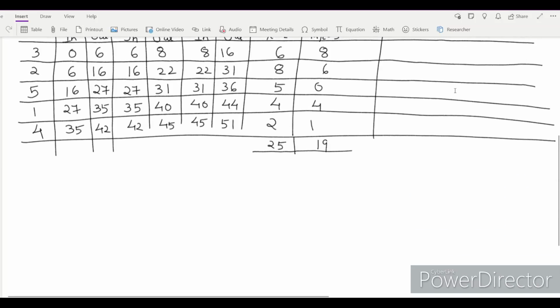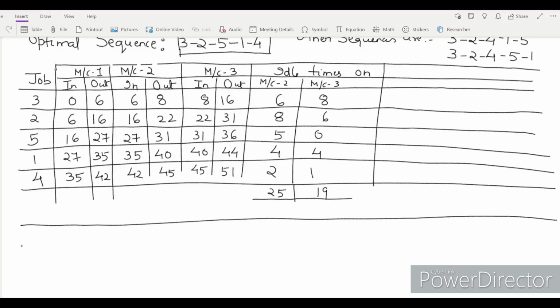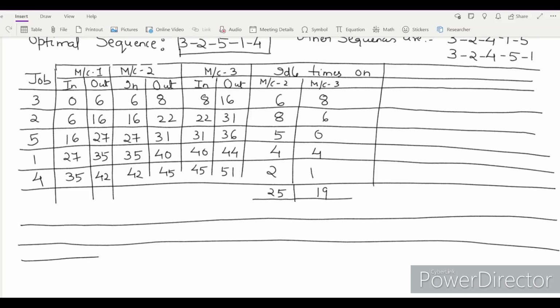Okay, you work out. Similarly, I am calculating the idle times of machines 2 and 3 for the other two sequences.